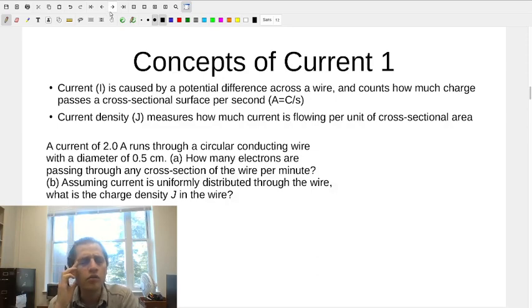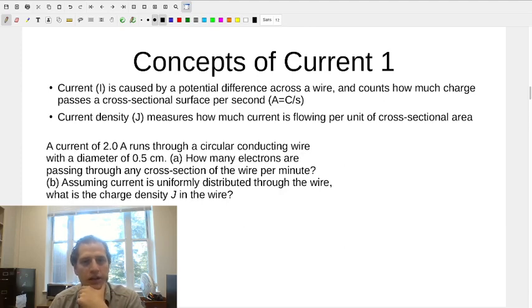Now, when we went from capacitors, which just store charge, to resistors, which have current running through them, so charge per unit time is going through that surface. Remember, current is measured in amps. Amps is coulombs per second, so you're essentially counting how much charge passes by your surface each second to get amps.